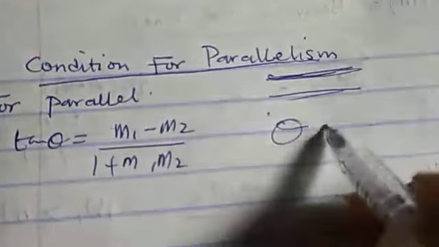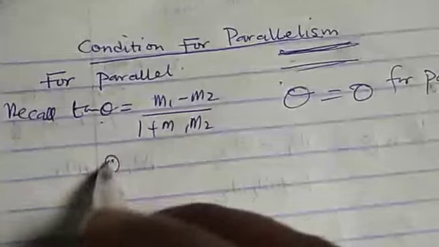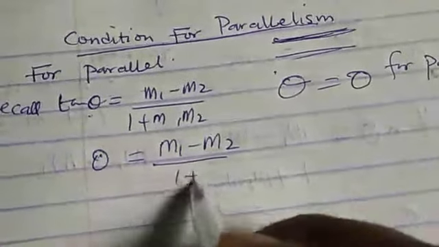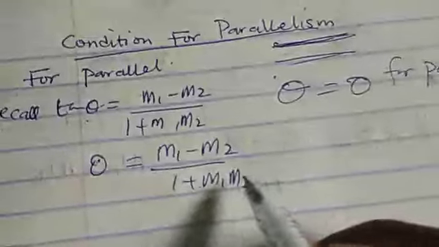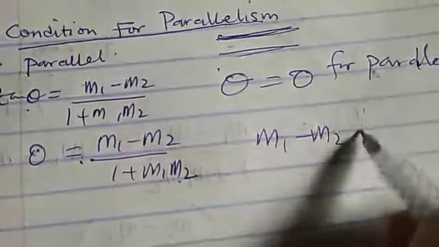In that case, theta will be equal to 0 because there is no angle between them. So tan 0, which is 0, is equal to m1 minus m2 over 1 plus m1 m2. If you cross multiply, you see that m1 minus m2 is equal to 0. Therefore, m1 is equal to m2.